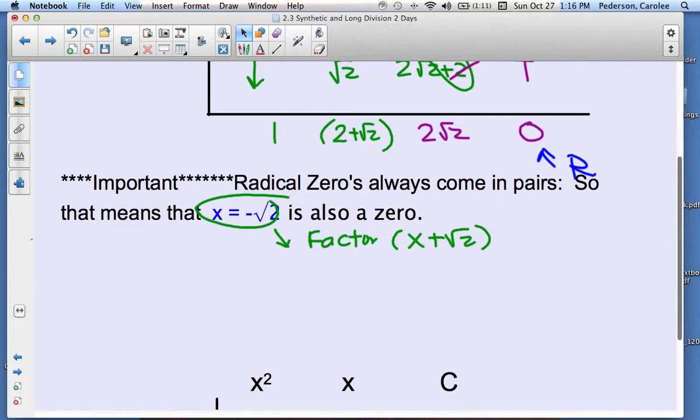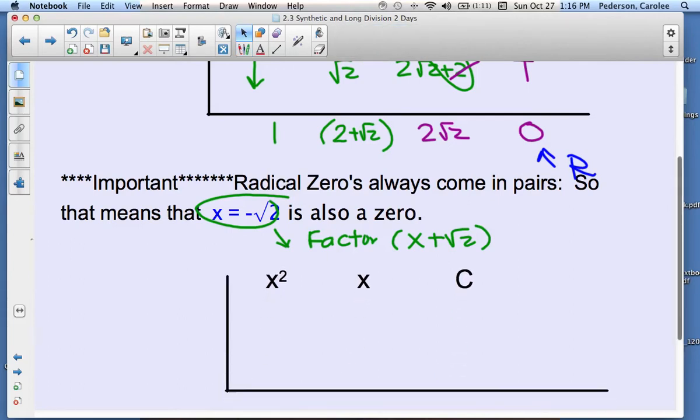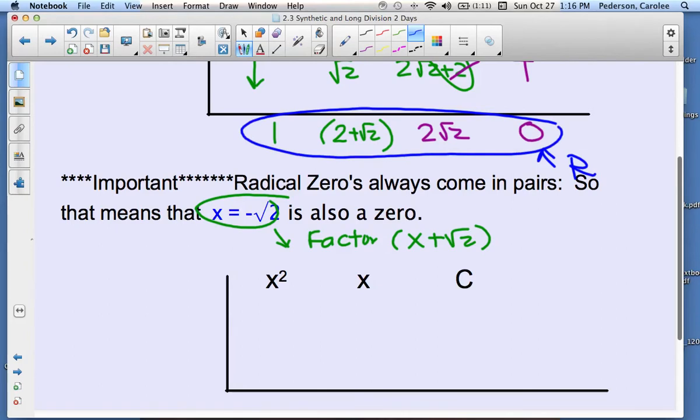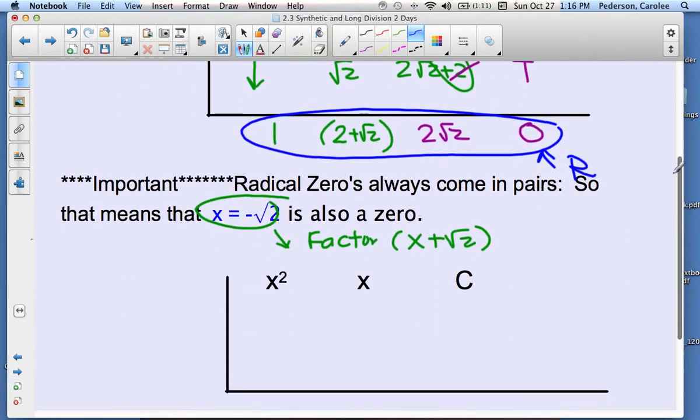So we're going to factor out again using synthetic division. We don't have to start over again. We can work with what we're left with. So we're going to drop a degree. Since our degree before was x cubed, now we're at an x squared, an x, a constant, and then our remainder.